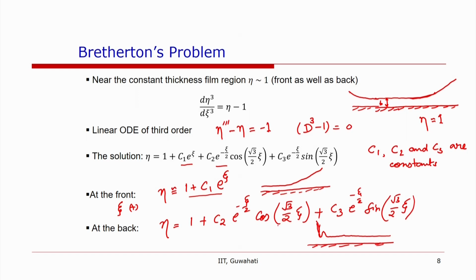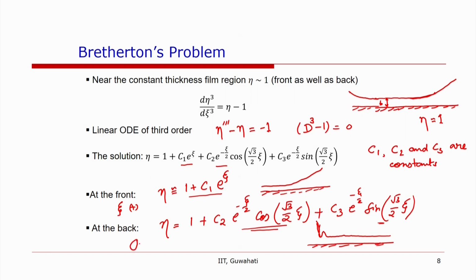So these two terms, sine and cosine, will show the oscillatory behavior or the undulations at the back of the bubble, and this has been observed in the experiment.